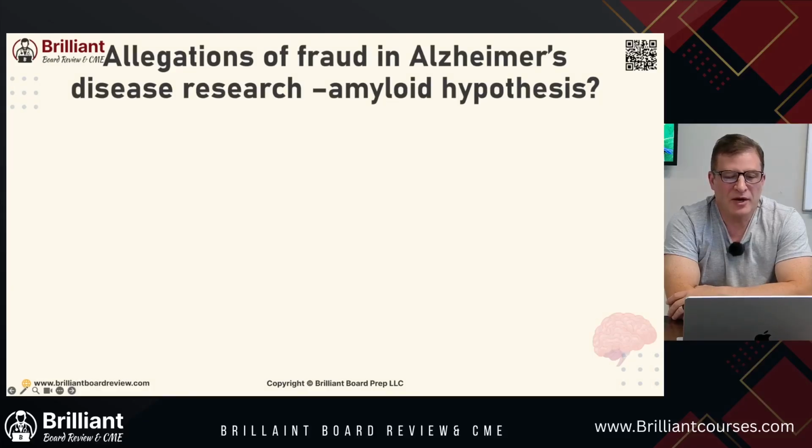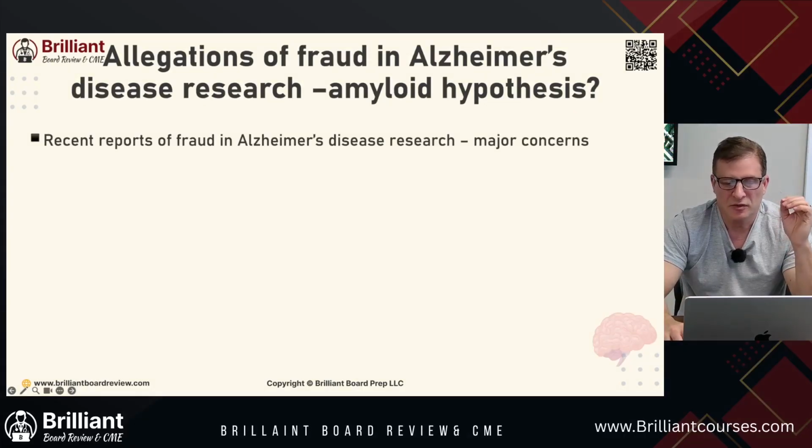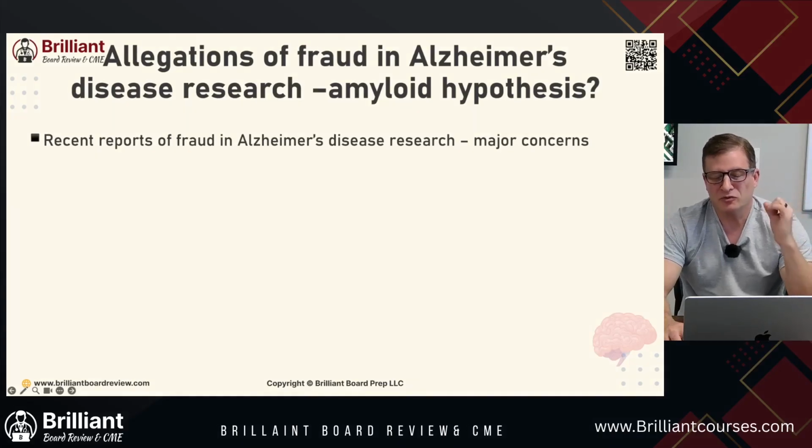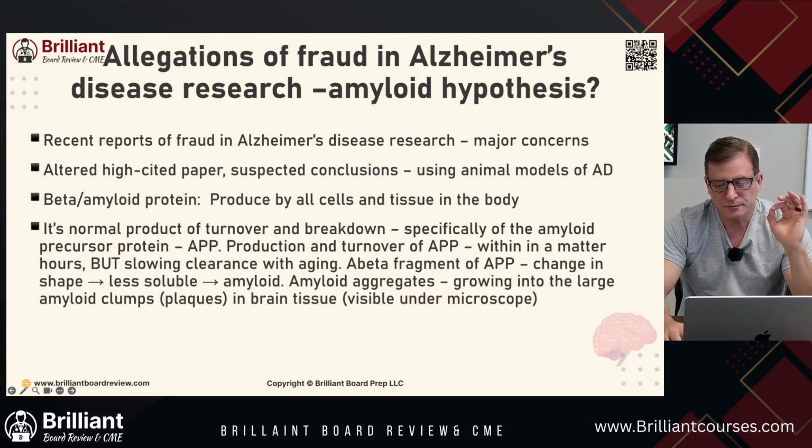All right, let's talk about allegations of fraud in Alzheimer's disease research. The amyloid hypothesis, remember amyloid, the beta-pleated sheets with the neurofibrillary tangles. Recent reports of fraud in one of the most major papers that have been cited. This is perplexing. We're not going to go through this.